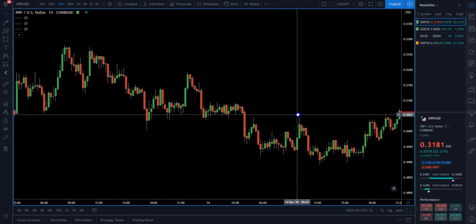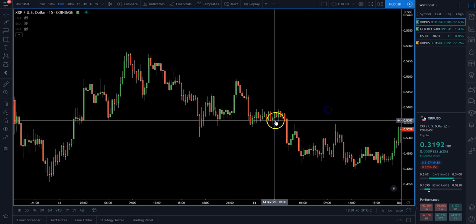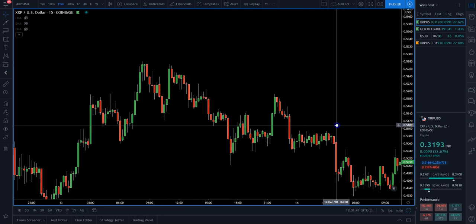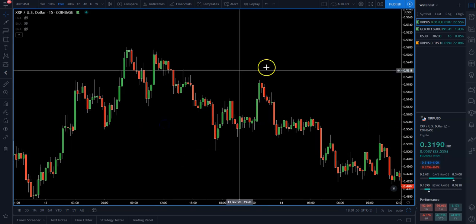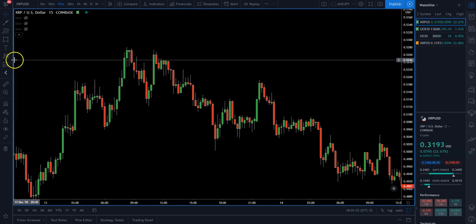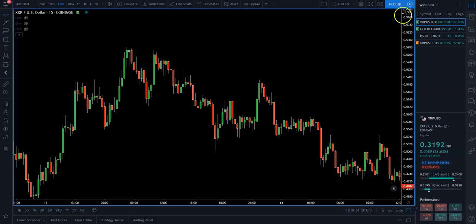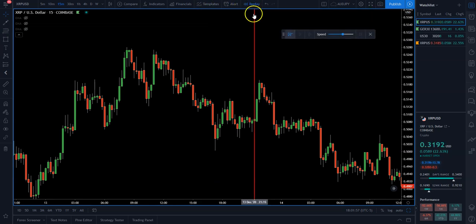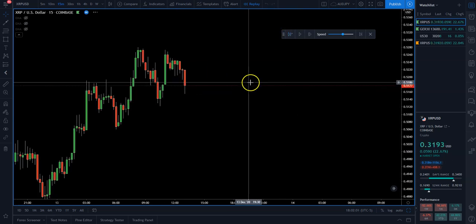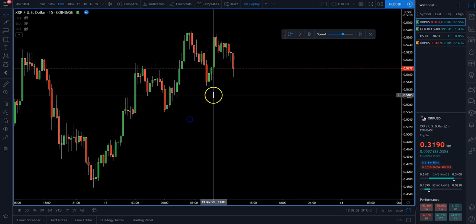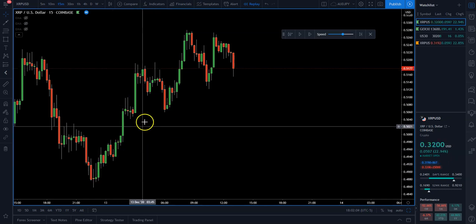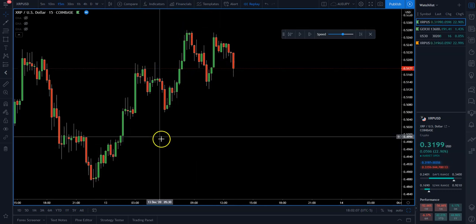Okay, so seeing that this is a downtrend, we want to keep within that trend. Let's say it looks like this, right? So we see that this is an uptrend.